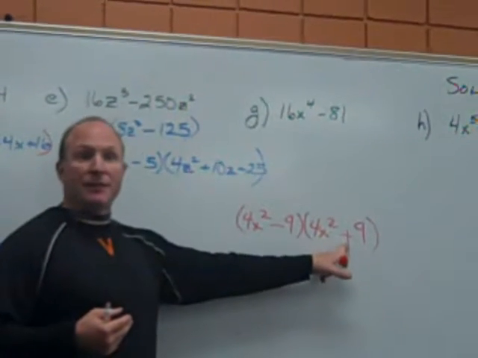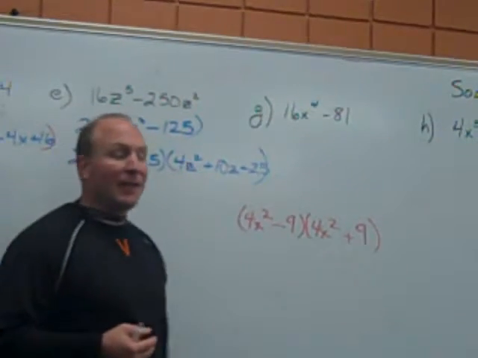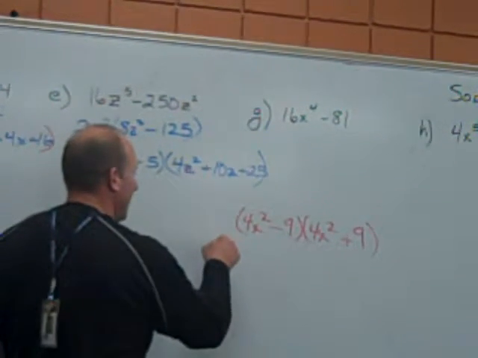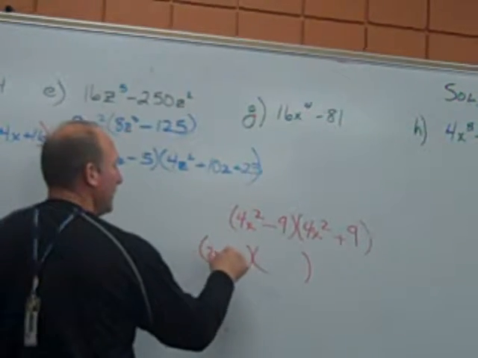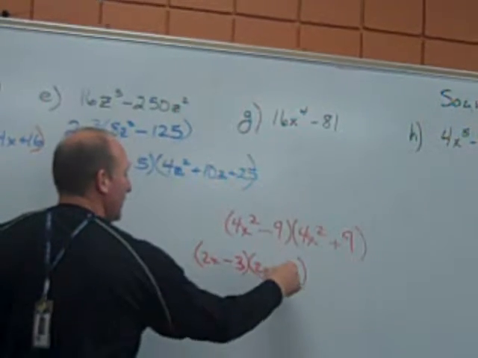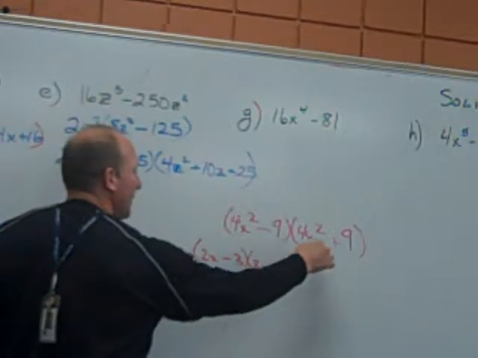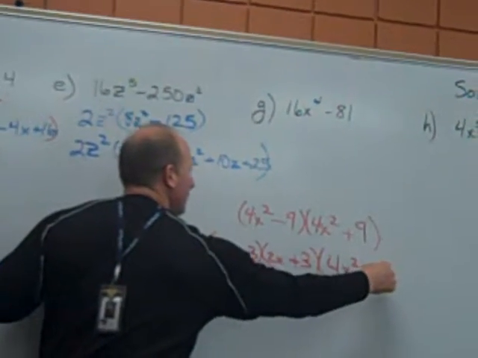Is this a difference of 2 squares? No, because there's a plus. So this still factors into square root, square root. One's going to be a plus, one's going to be a minus. Don't forget to bring this down.